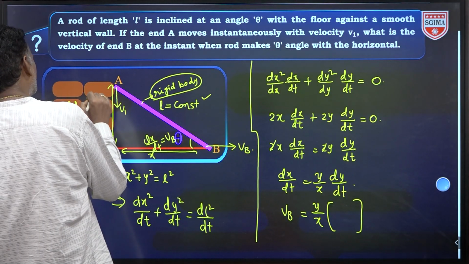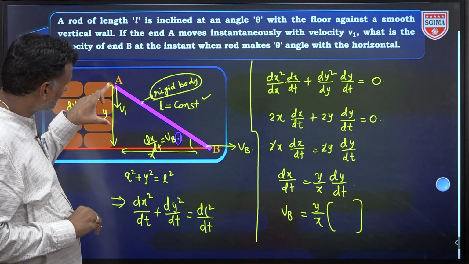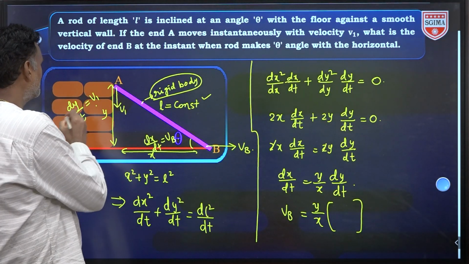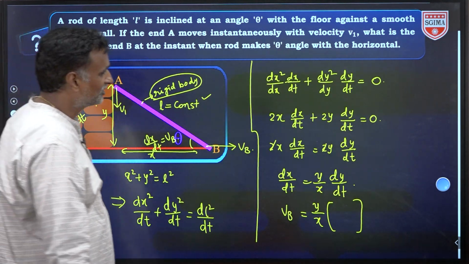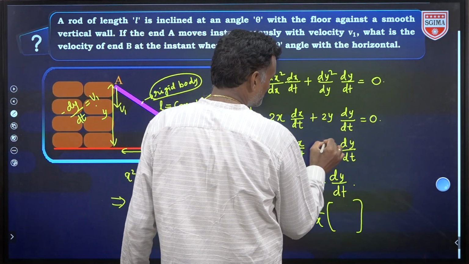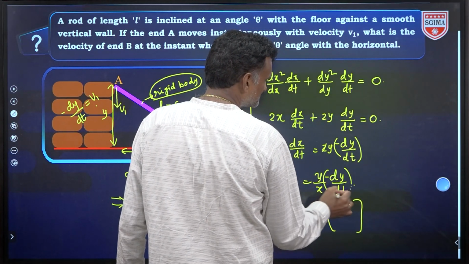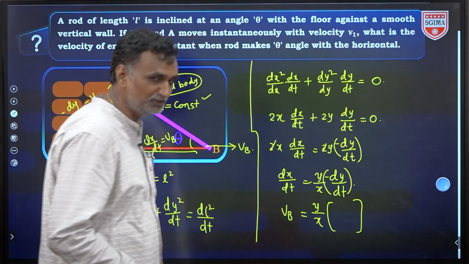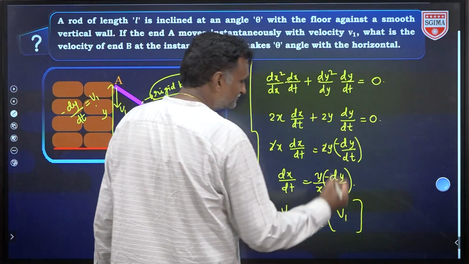But as time passes, the displacement y is decreasing, so we need to take it as minus. Already when we shifted to the right side it was written as minus. So this minus can be written as V1, and simply we can take this as V1.